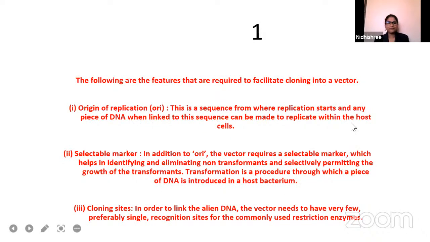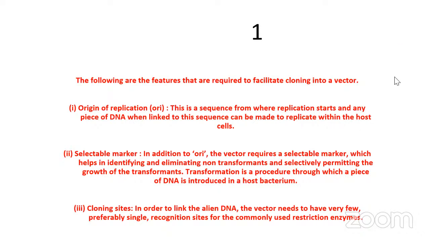Who wants to read? Yes, anyone? The following are the features that are required to facilitate cloning into a vector. First one, the origin of replication. This is a sequence from where replication starts, and any piece of DNA when linked to this sequence can be made to replicate within the host cell. Selectable marker.